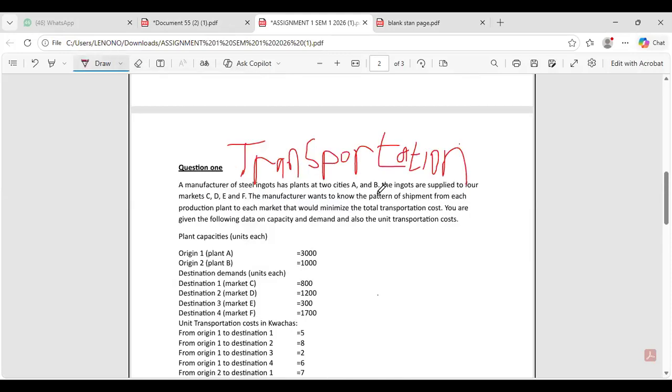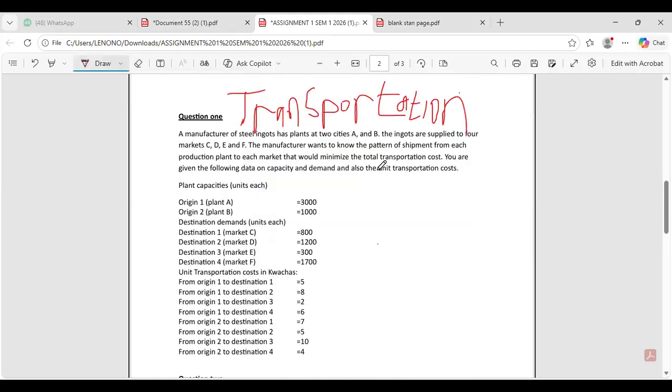Okay, so the plant capacities are 3,000 and 1,000. So the total here is the summation of supply, which is equal to 4,000.